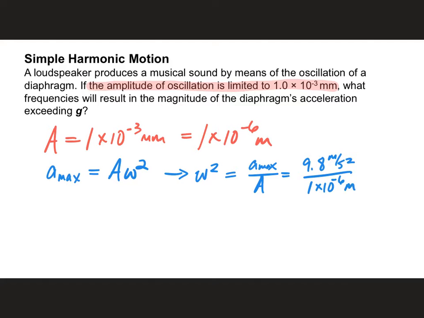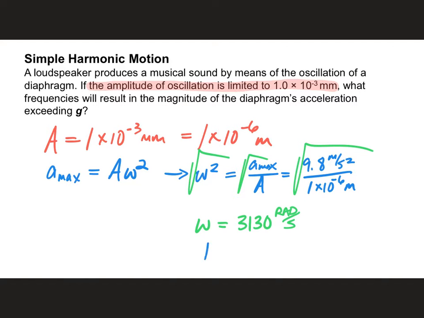It's a millionth of a meter, or what we might call a micrometer. Micro is the name of the millionth prefix. And so if I take the square root of all of that, then my angular speed will be 3,130, give or take, radians per second.